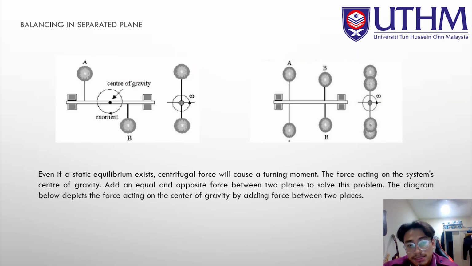Next is the balancing in separated planes. Even if a static equilibrium exists, centrifugal force will cause a turning moment. You see the figure, the left side of the figure is the separated plane, but it is unbalanced. To solve the problem, add an equal and opposite force between the two planes to the force acting on the system's center of gravity, which is the figure on the right.